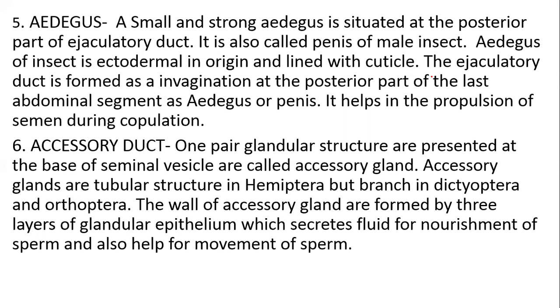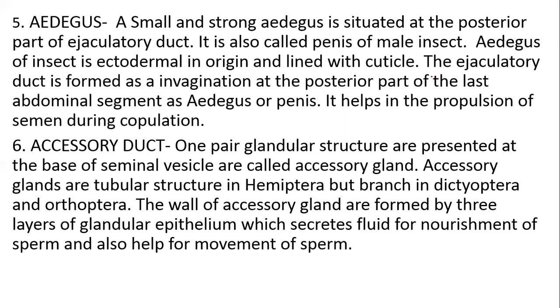The aedeagus of the insect is ectodermal in origin and lined with cuticle. It is formed as an invagination at the posterior part of the last abdominal segment. It helps in propulsion of semen during copulation.